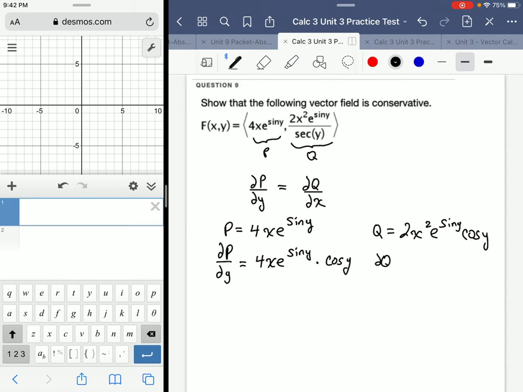The first order partial of Q with respect to x is just going to be 4x with all that other stuff, e to the sine y times cosine of y. And so we have it.